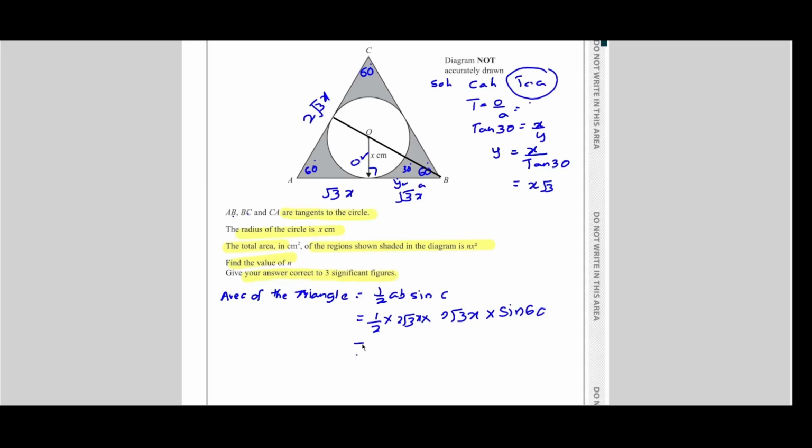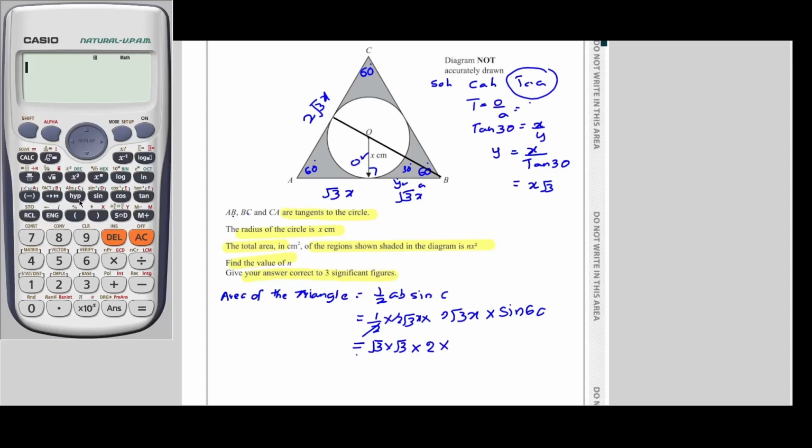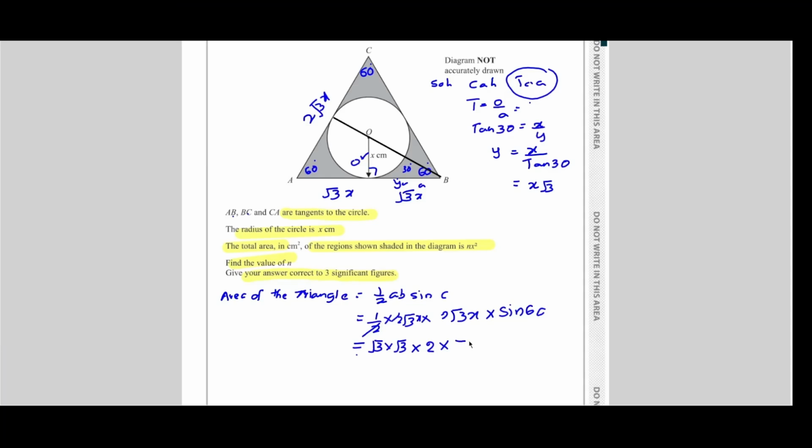So let's simplify this one. The 2s cancel out. Root 3 into root 3 is 3, 3 into 2 is 6. Sine 60 is root 3 over 2.